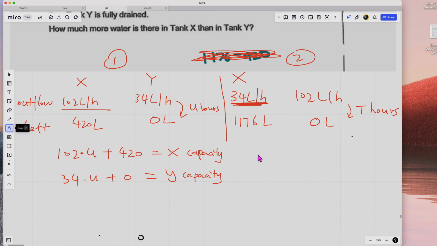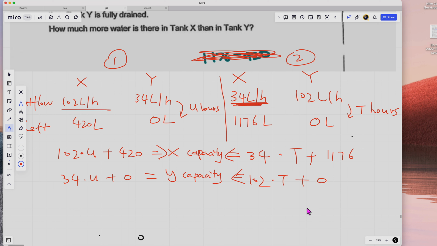Now the rate is 34 liters per hour after T hours, and left with 1176 liters, and this is equal to the X capacity. Then for the Y, it's 102 after T hours is left with 0.